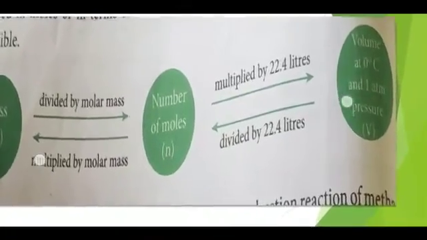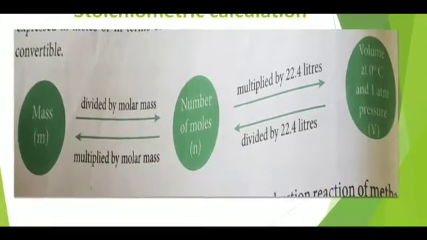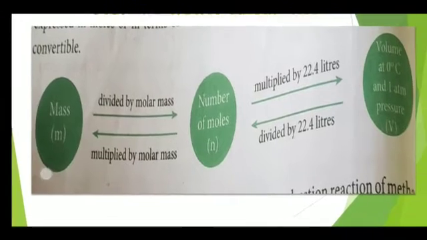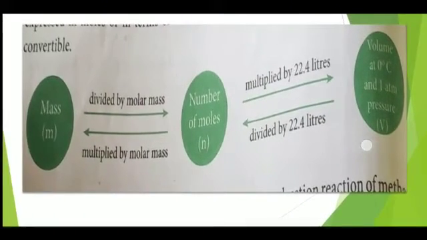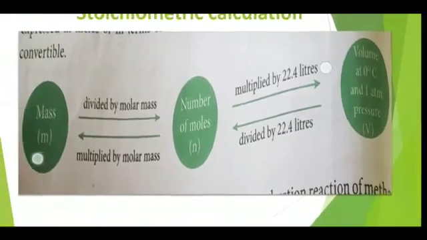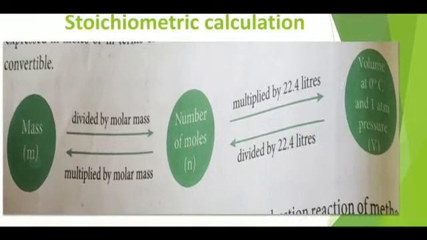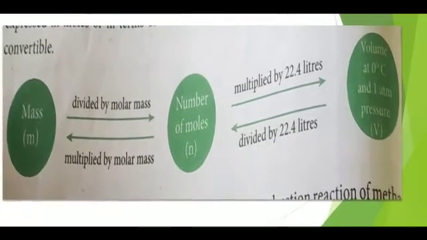Now we are going to convert these 3 units. As we already discussed, these 3 units are interconvertible. What are they? Mass, number of moles, and volume at 0 degrees Celsius and at 1 atmospheric pressure. These 3, M, N and V, are interconvertible. First we see the relation between the mass and the number of moles. If we divide the mass by molar mass, we are getting number of moles.